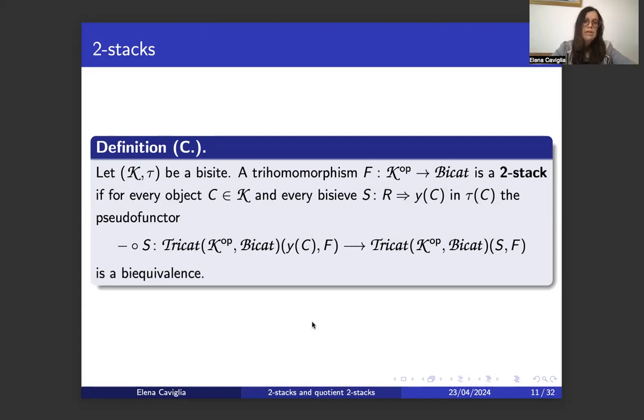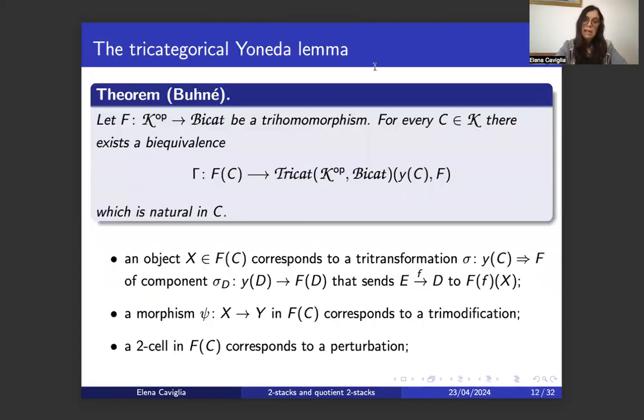And since in dimension one, the idea behind the characterization was the use of the Yoneda lemma, here we will need to use a three-categorical version of the Yoneda lemma that has been proved by Bourget. So if we have a trimorphism from K up into Bicat, actually the theorem of Bourget is slightly more general, but here I'm just writing it in this case because this is what we will need to use.